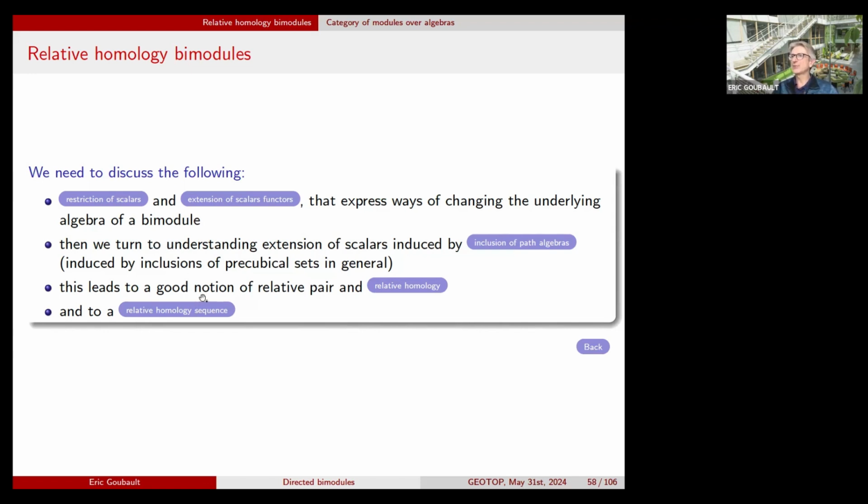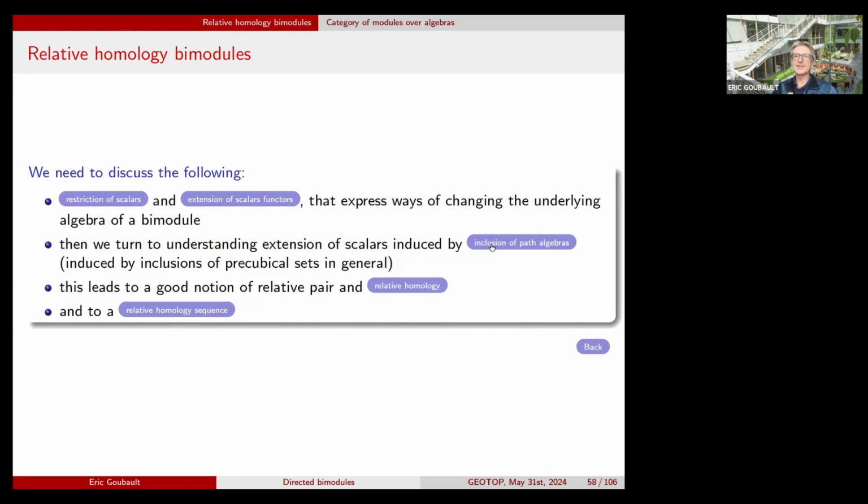So before getting to the relative homology sequence, we have to understand what the change of algebra implies for categories of modules over these algebras when we change them. There are well-known functors in algebraic geometry, restriction of scalars and extension of scalars functors. I'm going to define them for you, and I will restrict to the particular case where the change of algebras is actually done through an inclusion of path algebras.